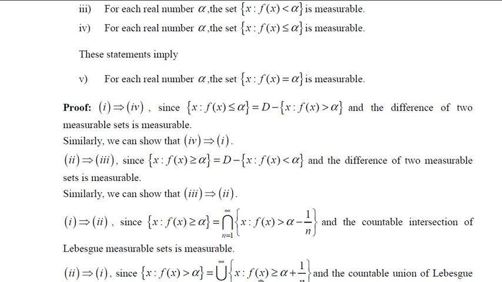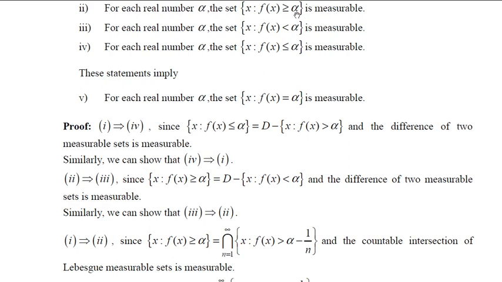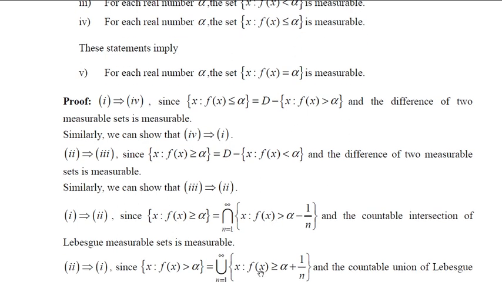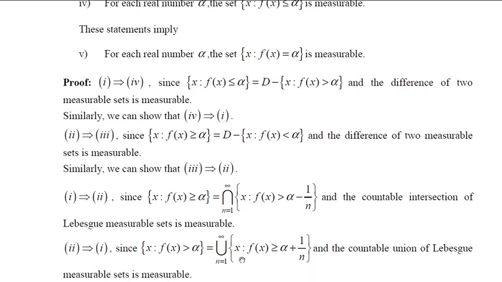When n equals 1, you will get f of x greater than or equal to alpha plus 1, and when n equals 2, you will get alpha plus half for such x values. If you go on proceeding and unite them, you will get this set. You should note that each set where f of x is greater than or equal to alpha plus 1 by n is Lebesgue measurable, and the countable union of Lebesgue measurable sets is Lebesgue measurable. We have proved these results earlier. We are using it.